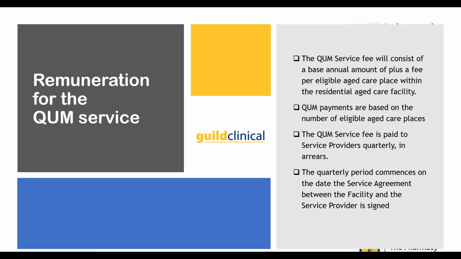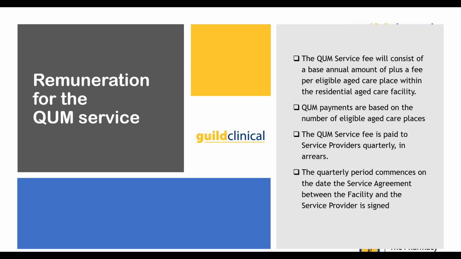Let's consider how the service is remunerated. The QUM service fee is a base annual amount of $240 plus a fee per eligible bed. The QUM payment is based on eligible beds, not beds that are filled.